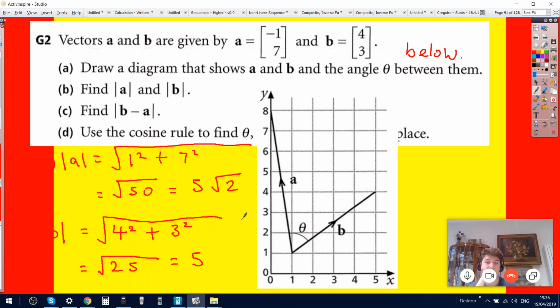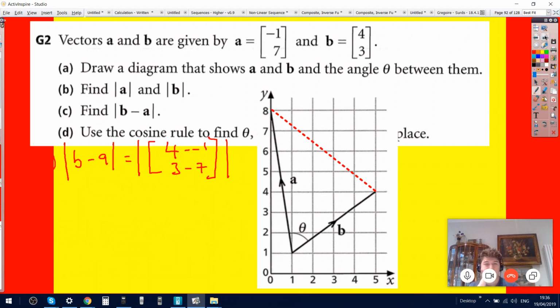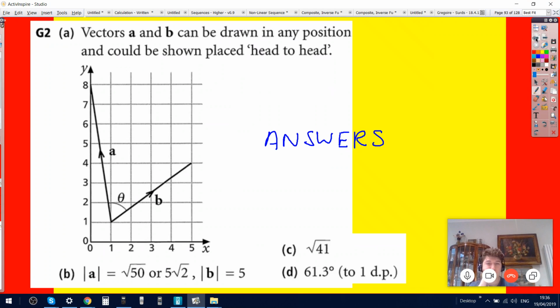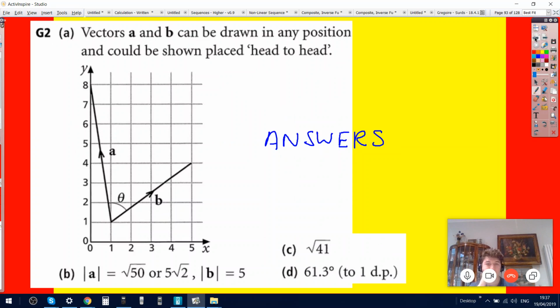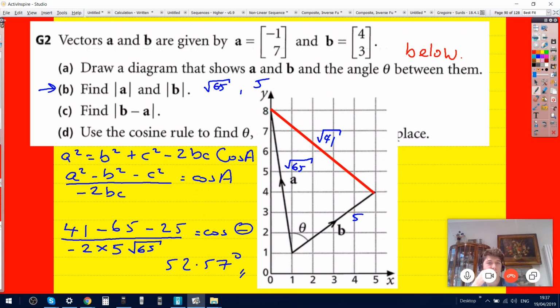61.3. Oh, hang on. 61.3. Root 41. The other was root 50. This one should have been root 50.